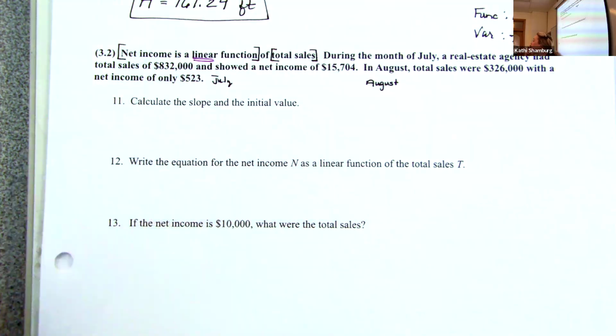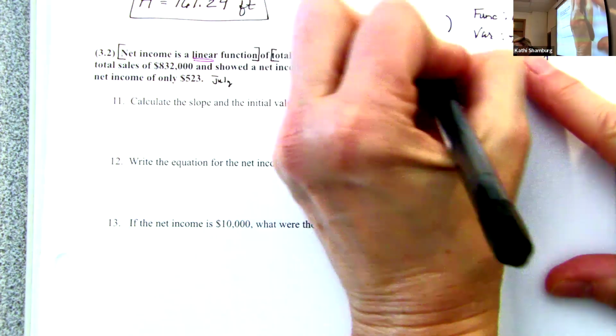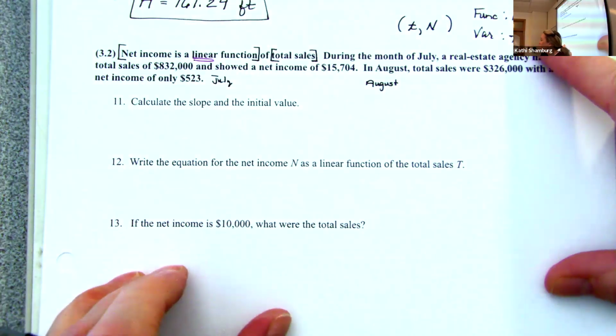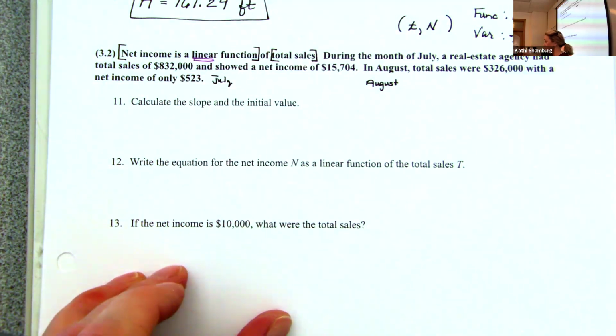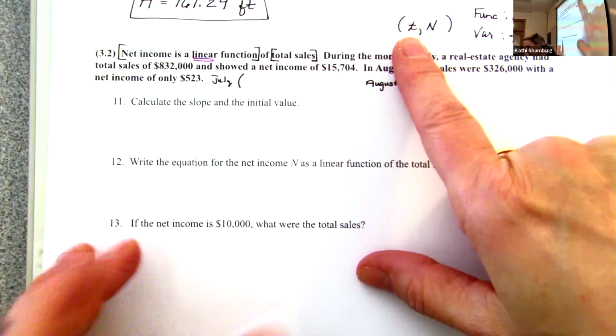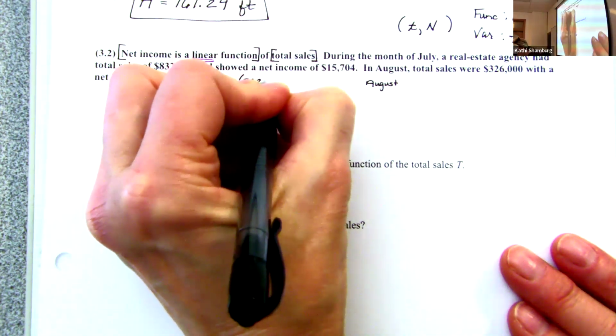How can I pair those numbers together? What is that called? Creating a what? Ordered pair. So remember, in your ordered pair, variable goes first, function goes second. Don't assume that your numbers are in the correct order. Okay, so for July, we want total sales first, which was 832,000.